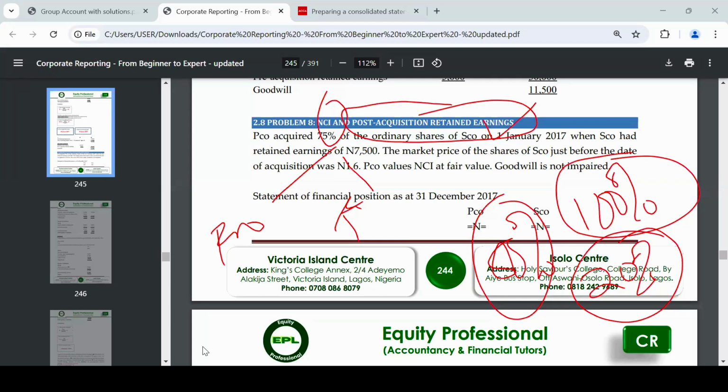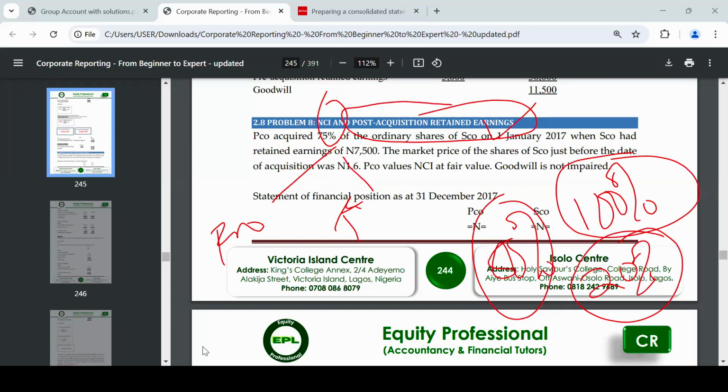This is because goodwill will not meet the definition of an intangible asset. It is not going to be separable. Goodwill will not come into the books until it can be sold in a separate transaction.